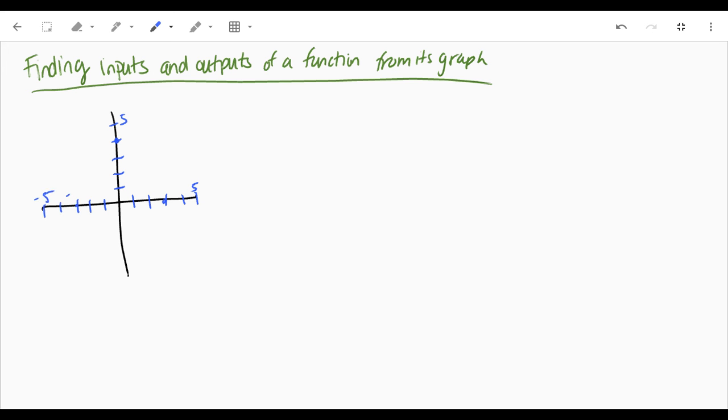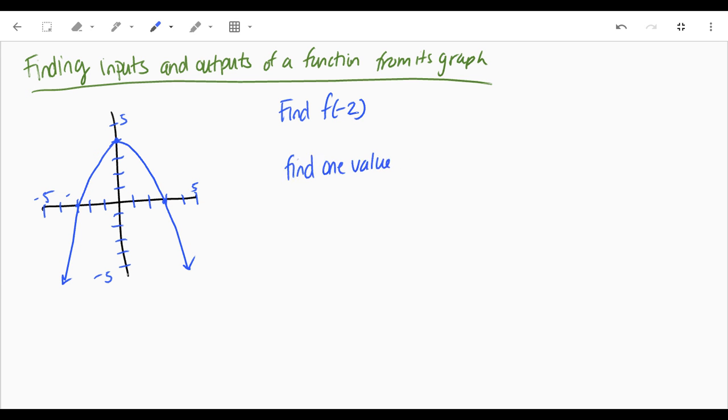Okay, so I'm just getting the right points on here. Okay, so they give you a graph like this. And then they say find f of negative 2 and find one value of x for which f of x is 4.